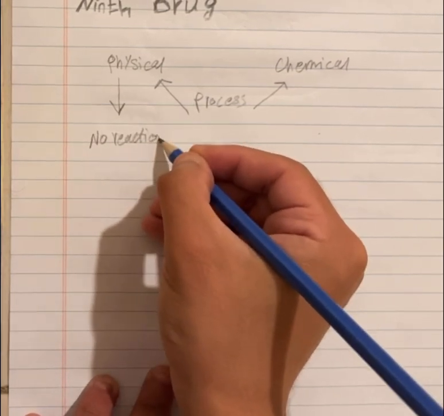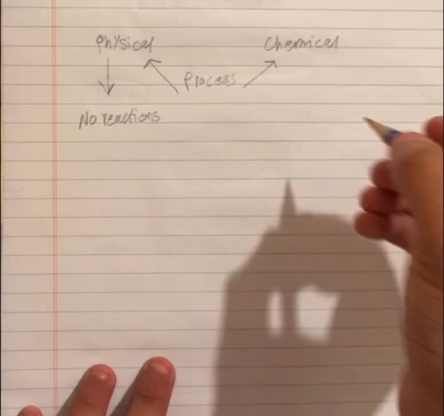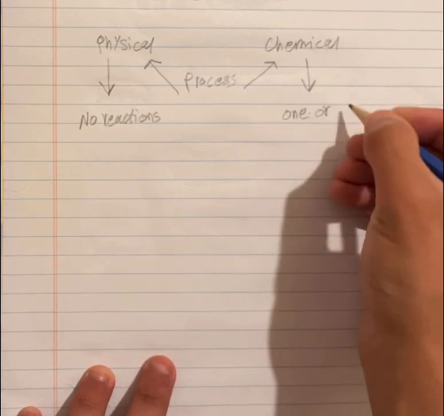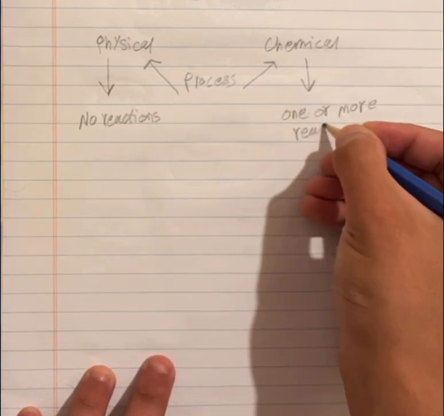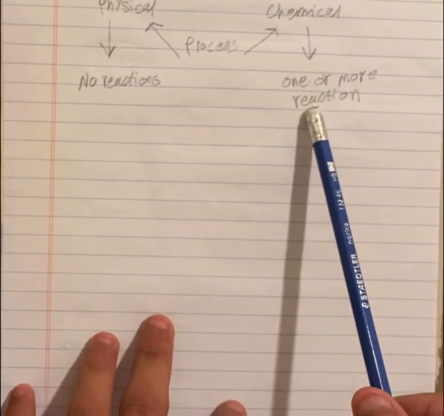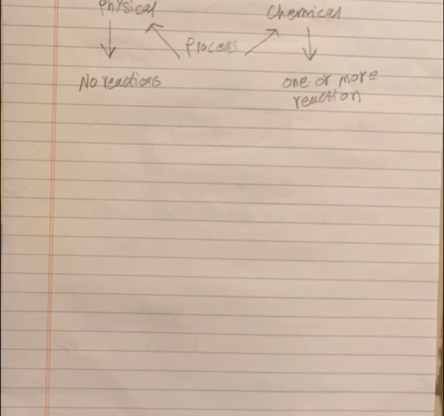No reactions at all. Not even one reaction, there is none. But chemical, we have one or more reactions. At least one reaction taking place, then we will call it chemical. If there is none, we will call it a physical system or physical plant.